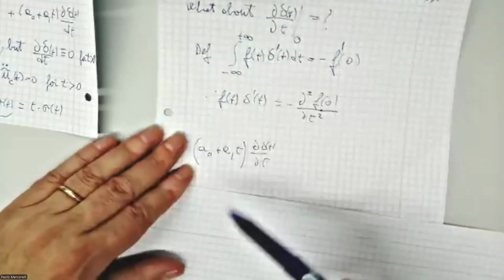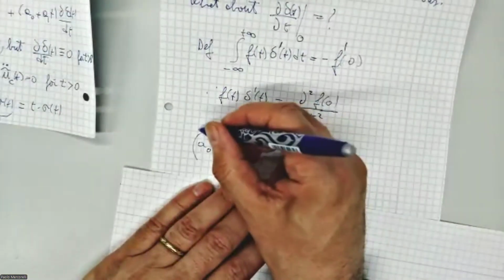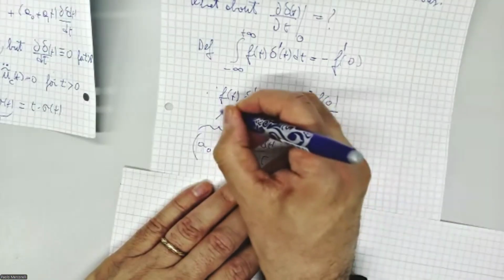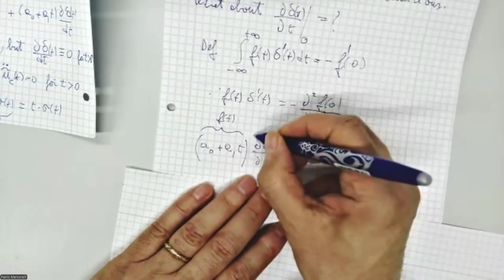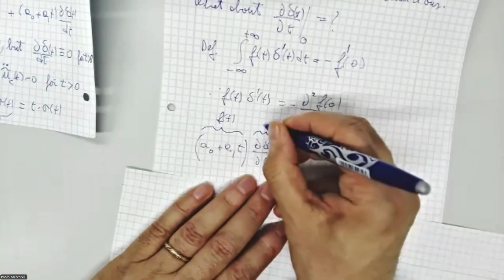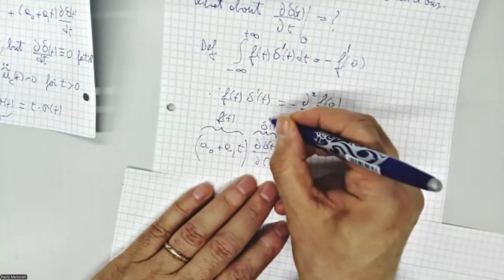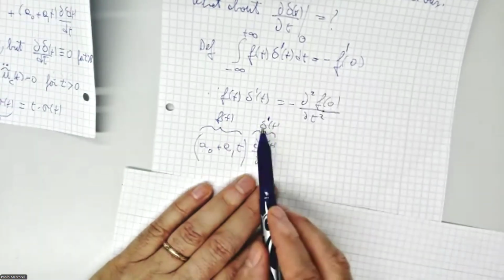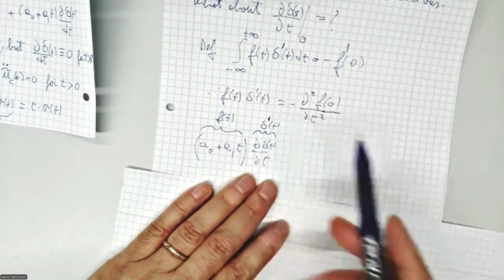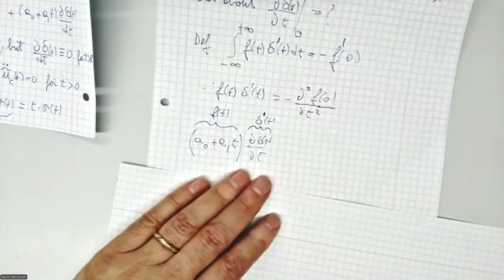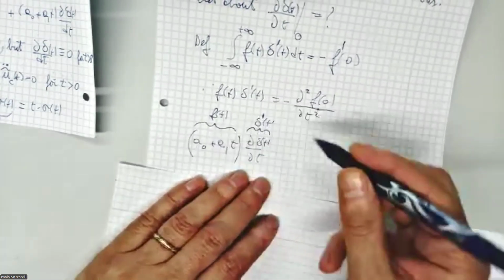Let me analyze it in more depth. This is our f of t. In this notation, sometimes in books we find the derivative with respect to time with a dot or an apostrophe. You can use either explicitly.